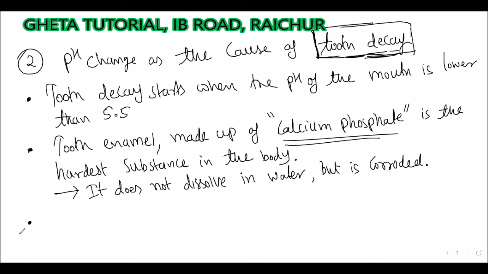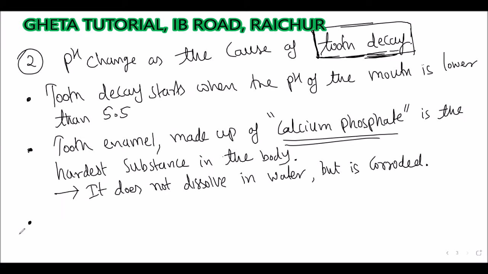Remember that the bacteria present in our mouth break down the sugar to form acid, called lactic acid, and this acid lowers the pH of our mouth and starts to corrode the tooth enamel.